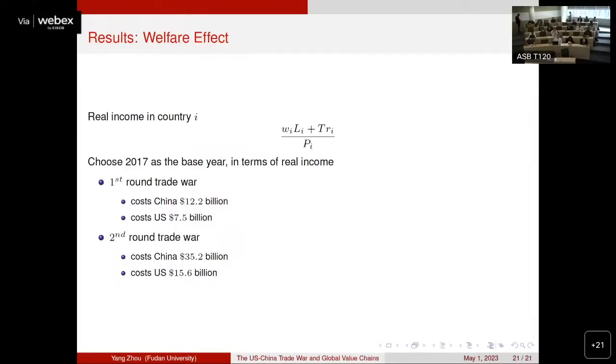Okay, thank you for your question. The US is running a trade deficit with China. But when I was building this model, I assumed that for the entire economy, the US, China, and the rest of the world, we have trade balance.